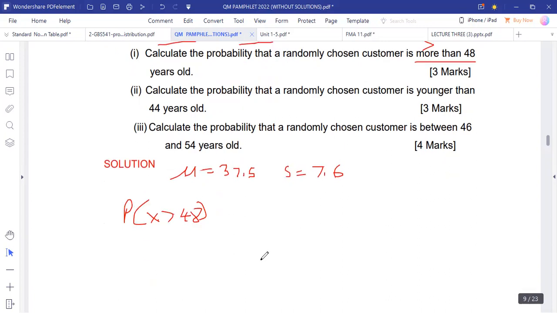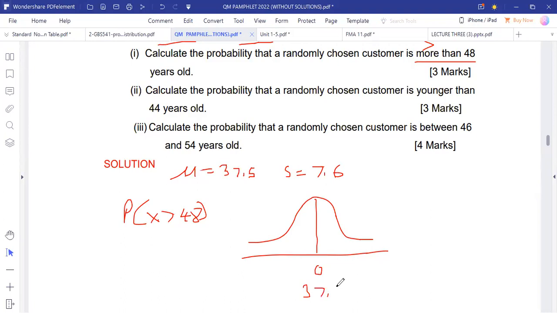So we illustrate. Here we have the mean, 37.5, and here is 48.